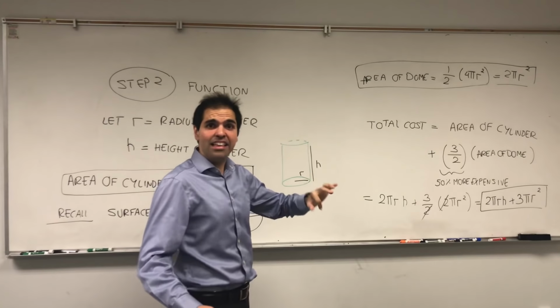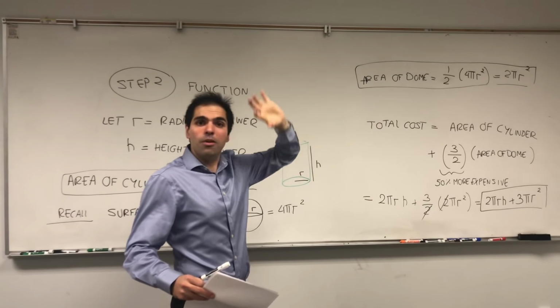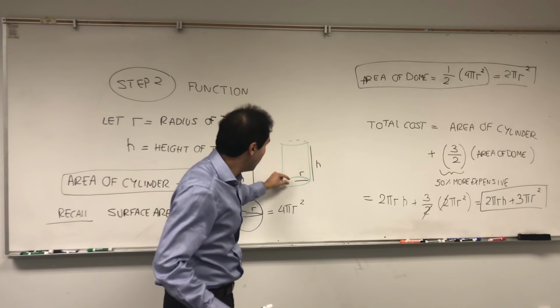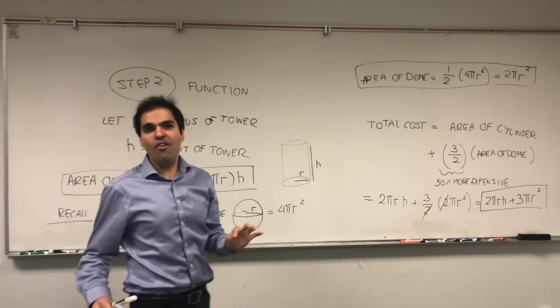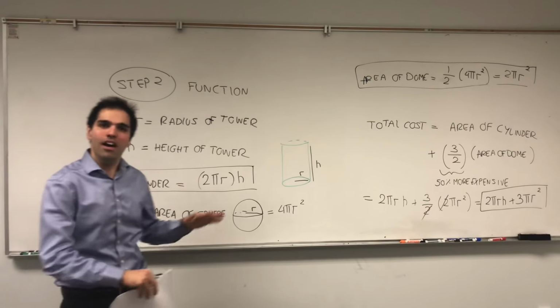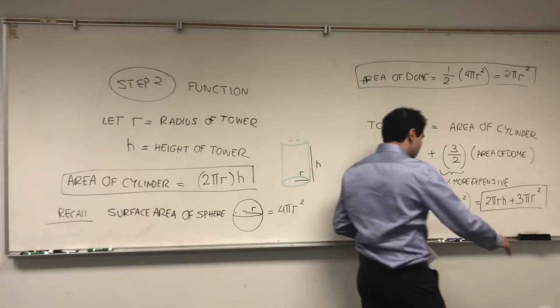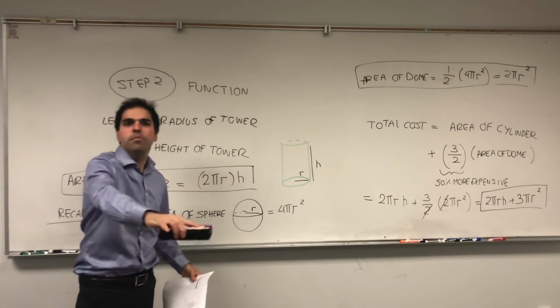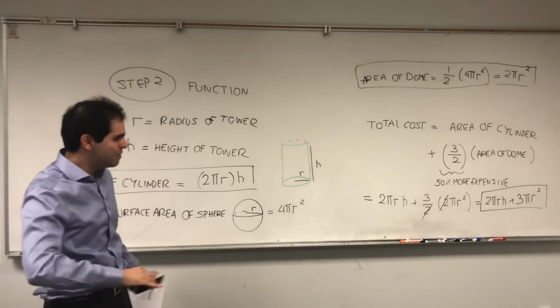Otherwise, if they said that the top and the bottom mattered, then we would also have to add the area of this circle and the area of this circle. But this is telling us, no, we don't have to worry about this. That's why I said it's important information, but you can really put it at the lowest floor of importance.